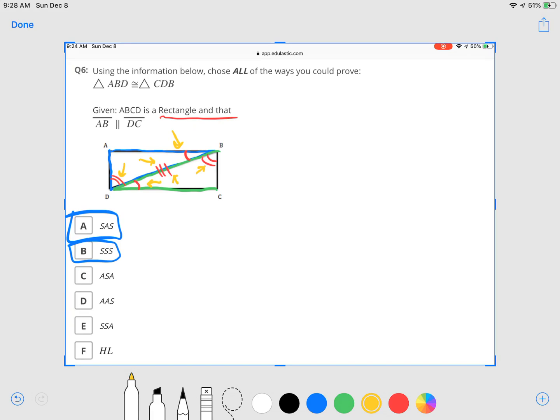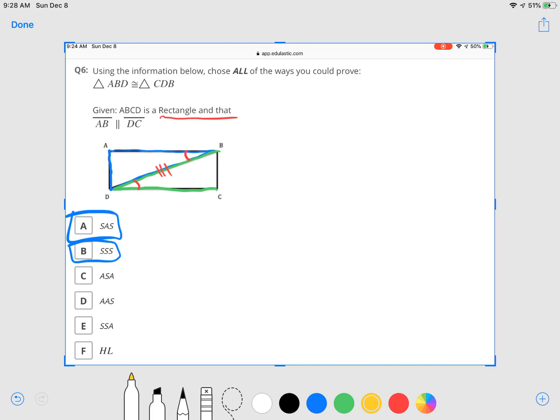Now, let's just prove to ourselves that these angles are actually congruent to each other, because I didn't really say why they are congruent. So let's focus on just the angles there marked with one arc in red. So one reason why those two angles are congruent to each other is because they're alternate interior angles.